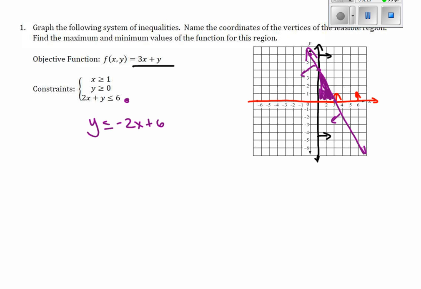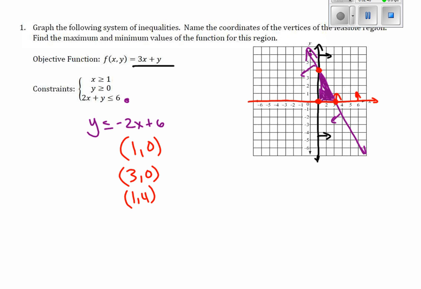This little triangle is created by 3 points. So what I want to do is look at those 3 points: 1, 2, 3. I've got (1, 0), I've got (3, 0), and I've got (1, 4).